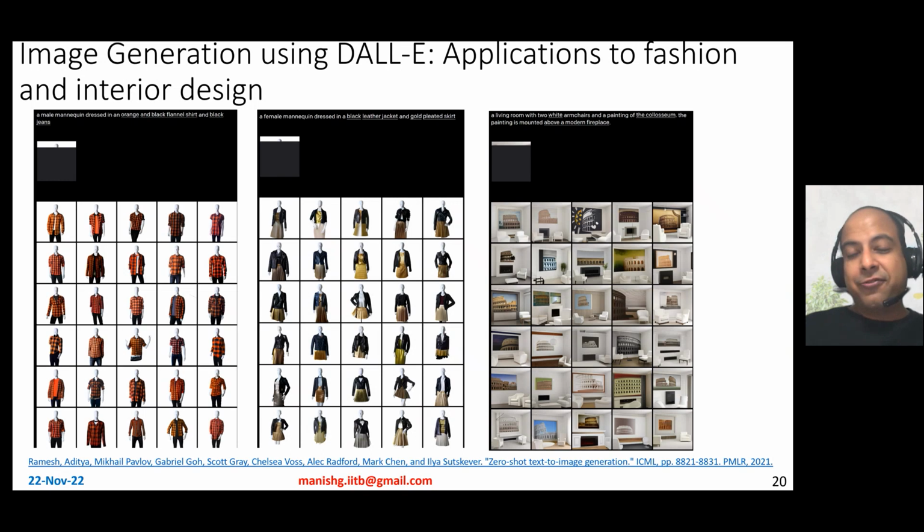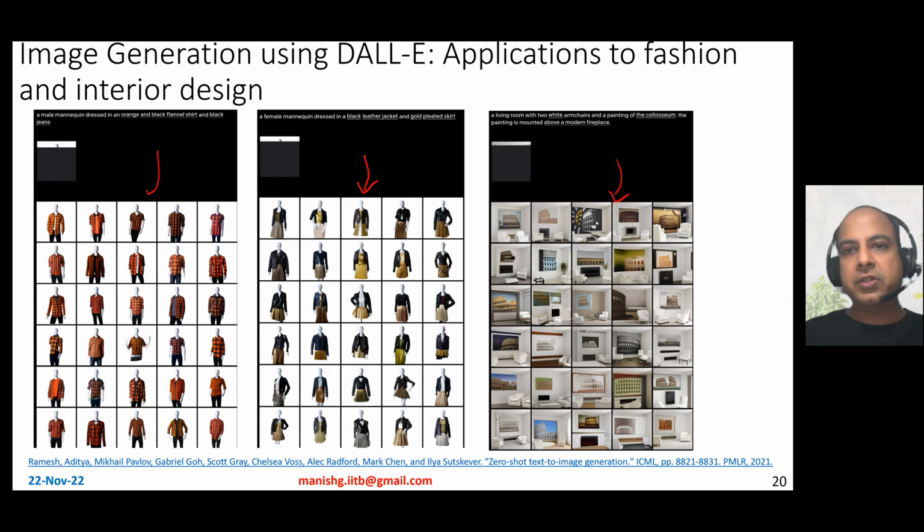Lastly, applications of DALL-E are pretty many, right? Here are some applications to fashion and interior design. So here is a male mannequin dressed in orange and black flannel shirt and black jeans. So that's pretty awesome. And similarly, you could come up with a female mannequin with a black leather jacket and gold pleated skirt. You could also use it not just in fashion, but also for interior design.